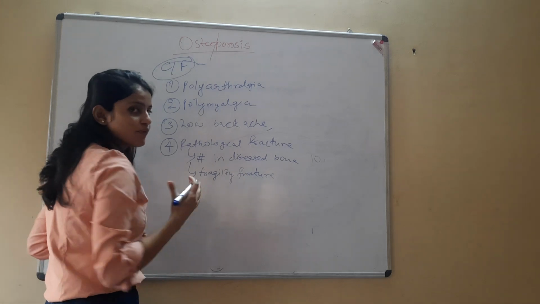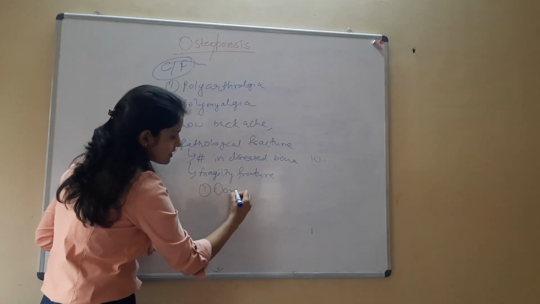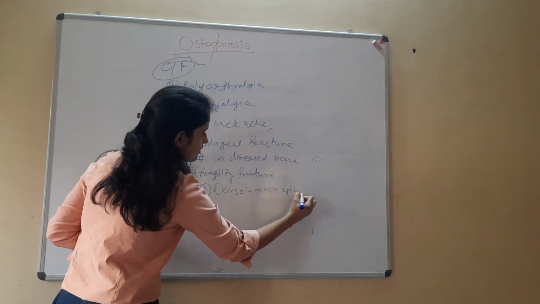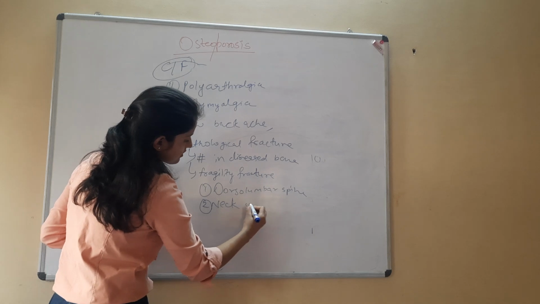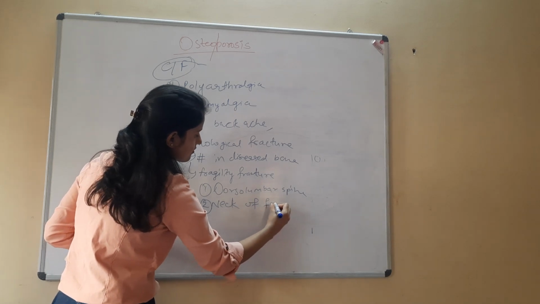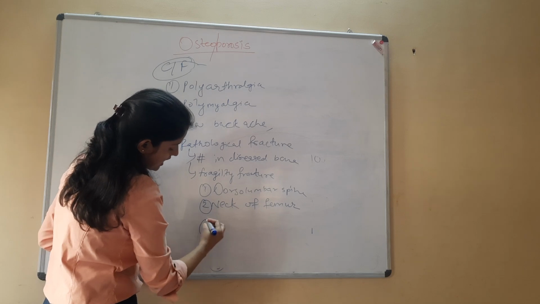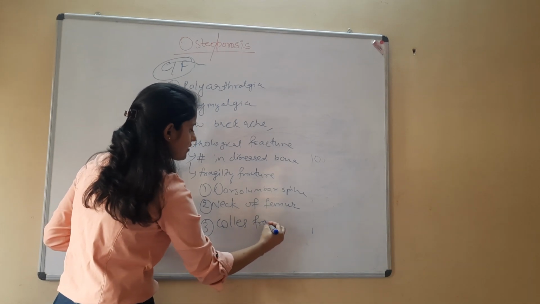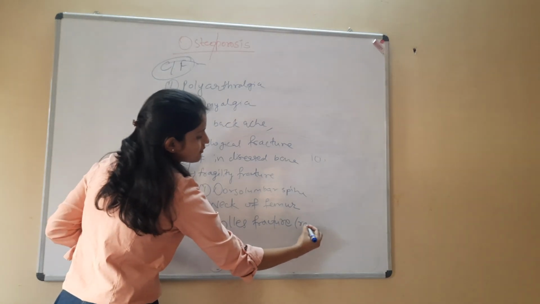As the bone becomes fragile due to disease, this most commonly occurs in the dorsolumbar spine, neck of femur, and Colles fracture, a fracture of the radius.